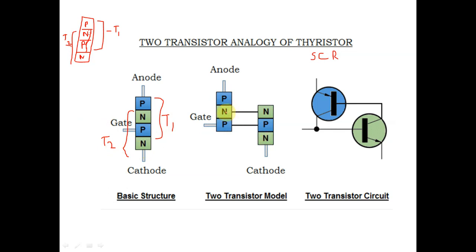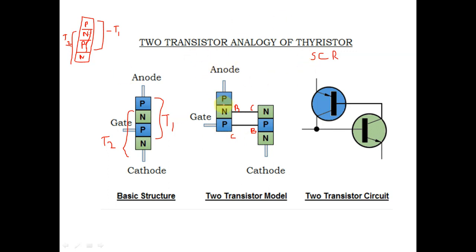So, this is the base of the PNP transistor. The base of the PNP transistor is connected to the collector of the NPN transistor, and the base of the NPN transistor is connected to the collector of the PNP transistor.